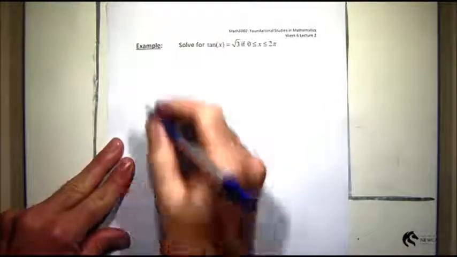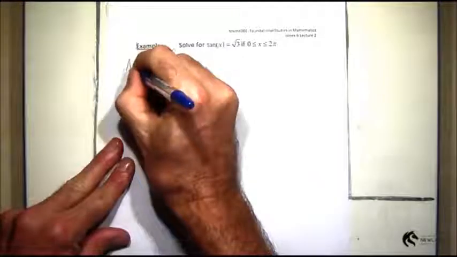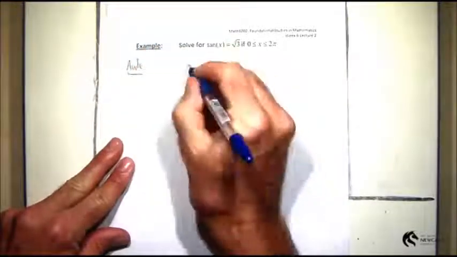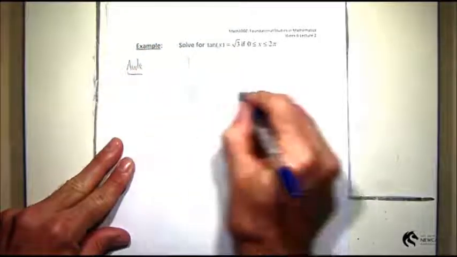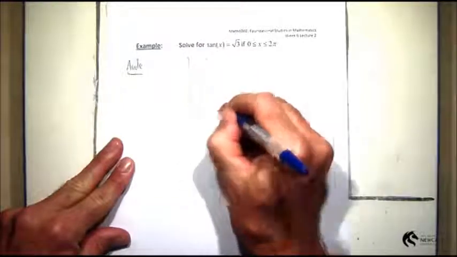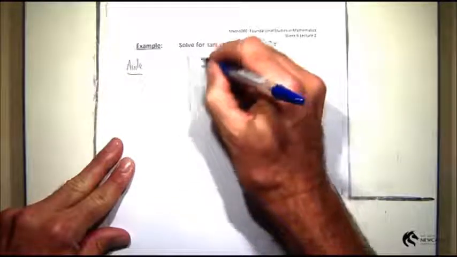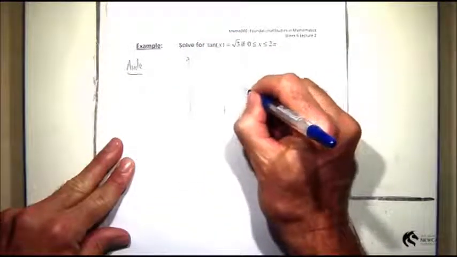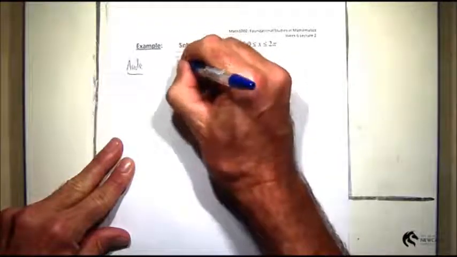Let's start off. So I'll just say, as an aside, if I were to draw the graph of tan x, that's x, this is y, the graph of tan x goes like this.